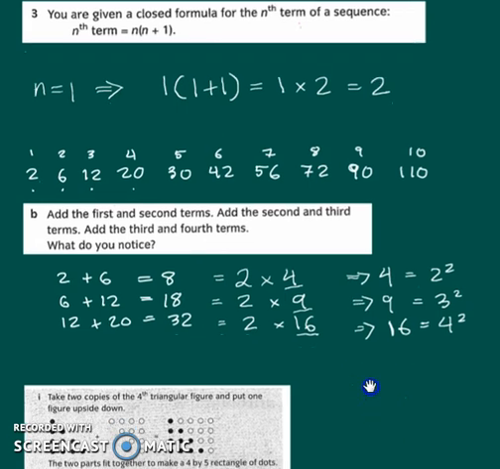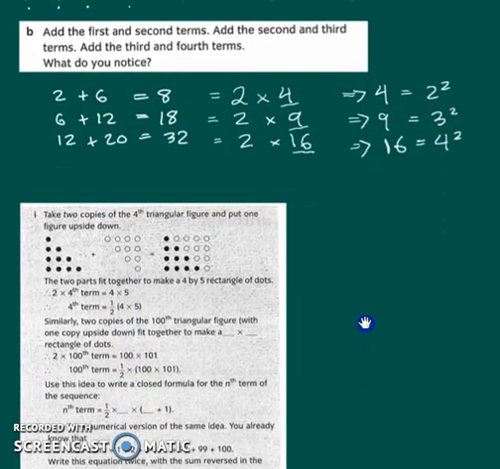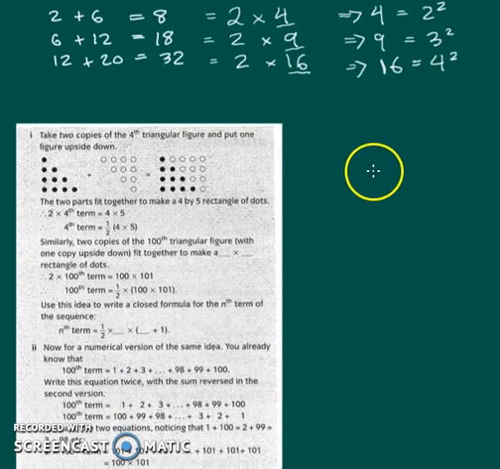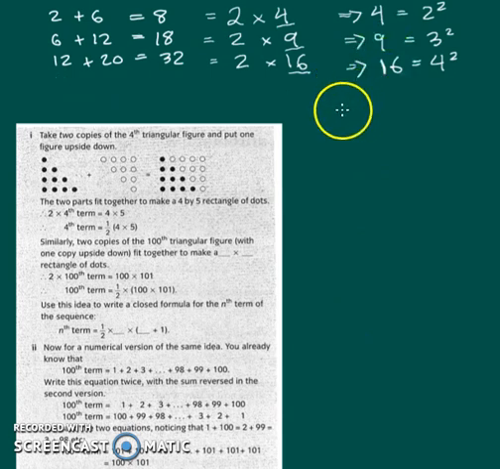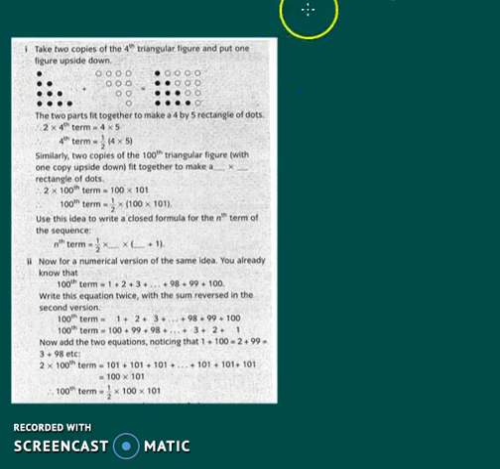Now, let's see here. Part B, I, wants us to look at triangular figures. So what are these triangular figures that they're referring to? They're talking about the fourth triangular figure here. Let's just work off to the side here. So as far as the triangular figures go, this is what they're talking about. The first triangular figure ends up just being a dot, so it's a 1 by 1 triangle.